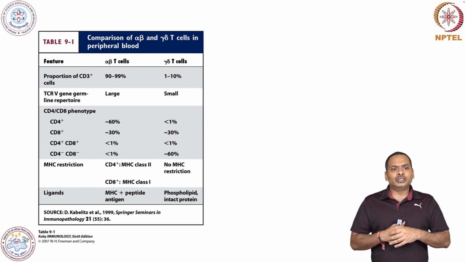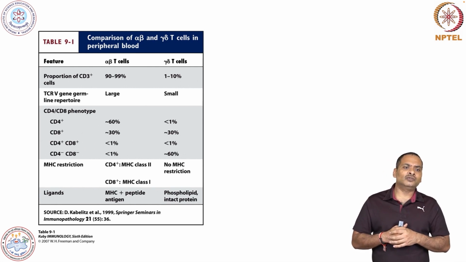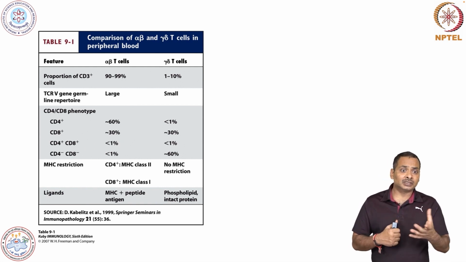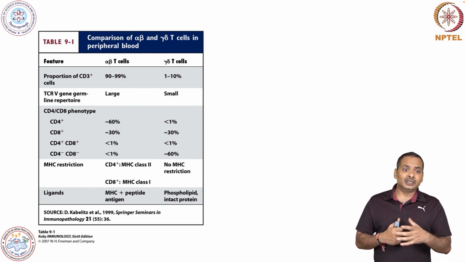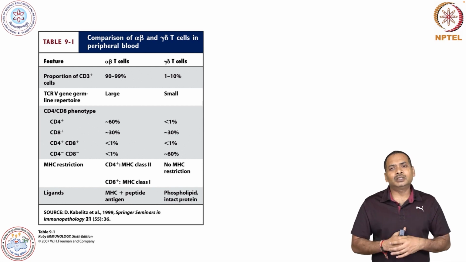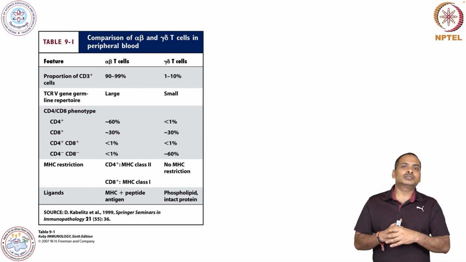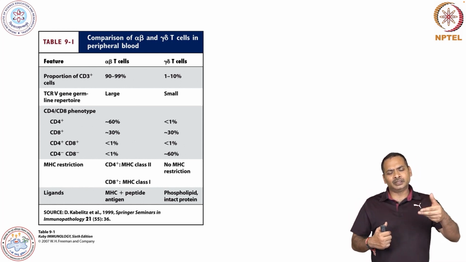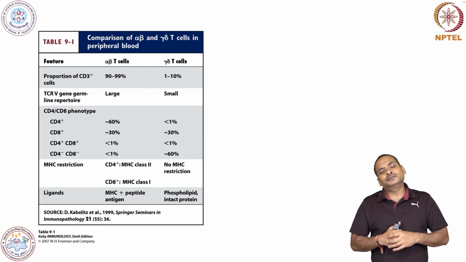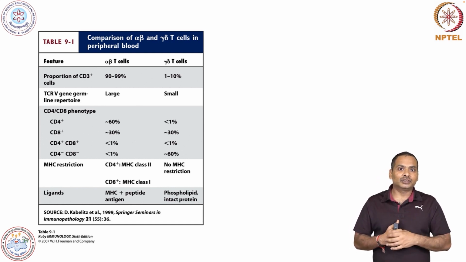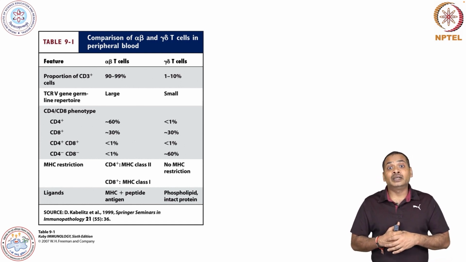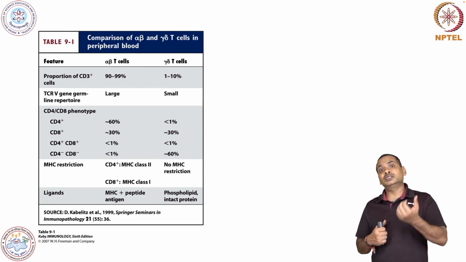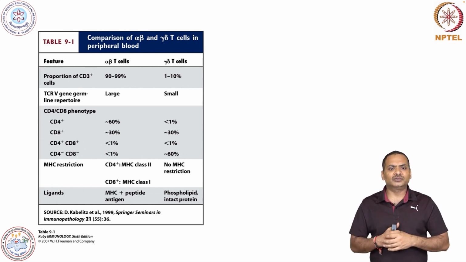CD4, CD8 phenotype. In the case of alpha beta, the CD4 marker will be predominant, about 60%, CD8 will be less, about 30%. There are some CD4, CD8 double positive cells. This is during the development process, okay. So they will acquire both CD4 and CD8, and there are some double negative which don't have either CD4 or CD8, but their percentage is very low.